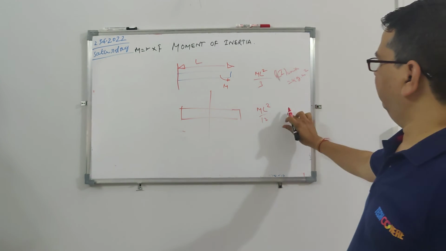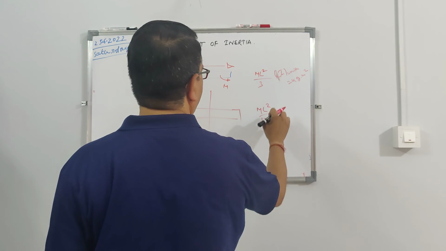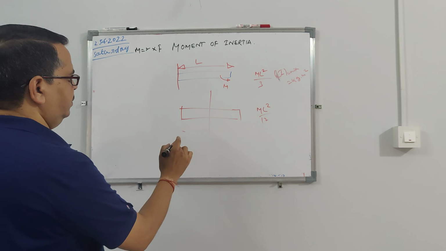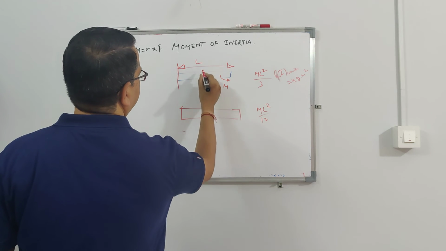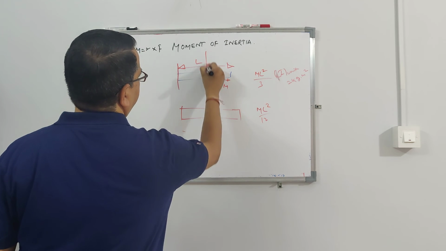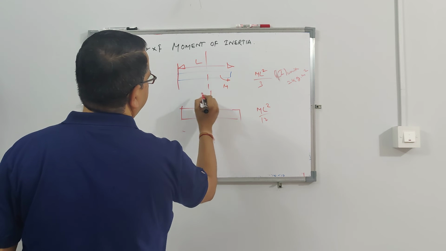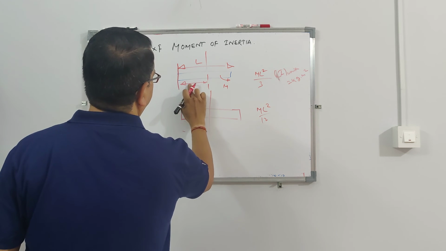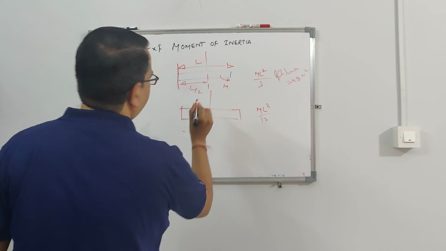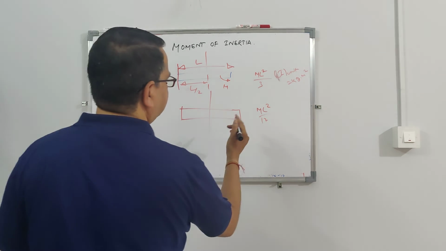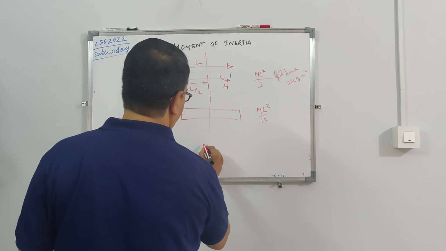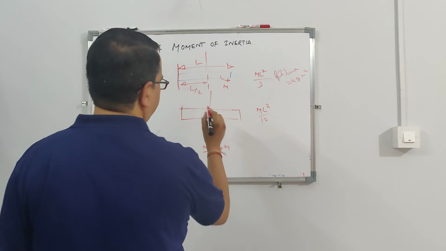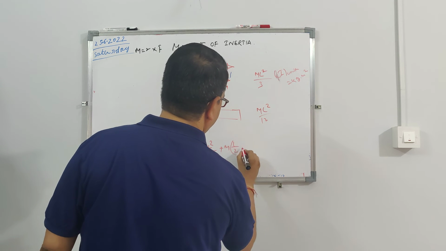Now you can find out how you get this from here. We can use the parallel axis theorem. You know this distance is L by 2. So by the parallel axis theorem, mL squared by 12 plus m into L by 2 whole square.